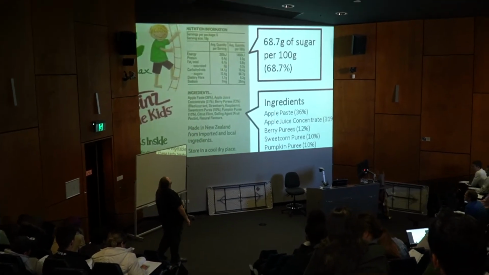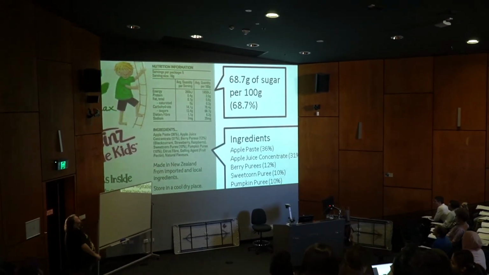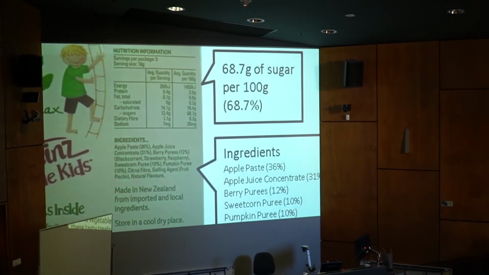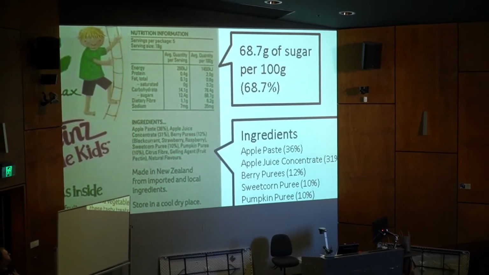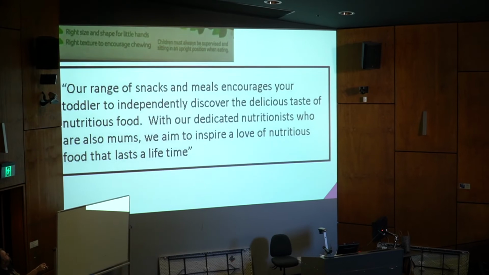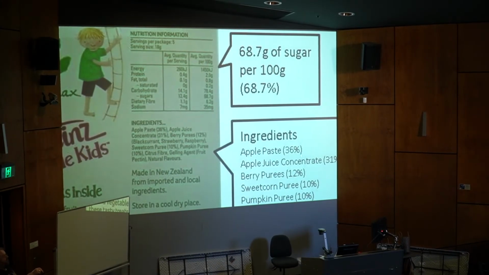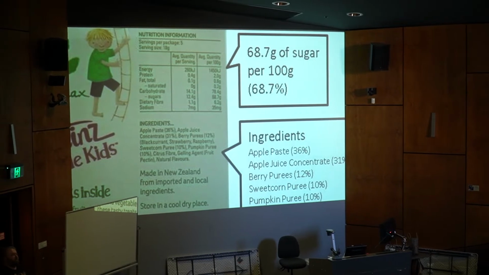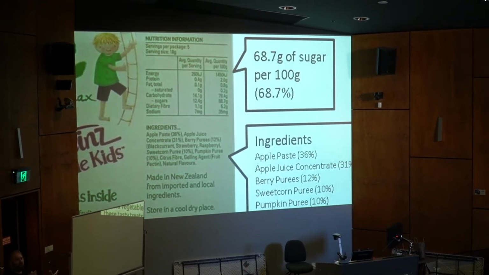Except that when you look at it, I know it's not the best picture, but you can see there, per 100 grams of product, it's 68.7 grams sugar. So it makes its claim, you can see it here. Apple paste, 36%. Apple paste is basically where you take all the sugar out and put it into a paste.